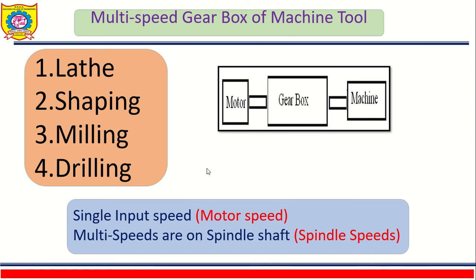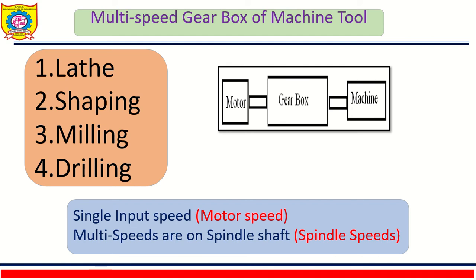There are two types. One is a single input motor speed with a single output speed, and the other is a single input speed with multiple speeds on the spindle shaft. For example, suppose we want to transfer a box from one location to another using a belt conveyor at a single speed.